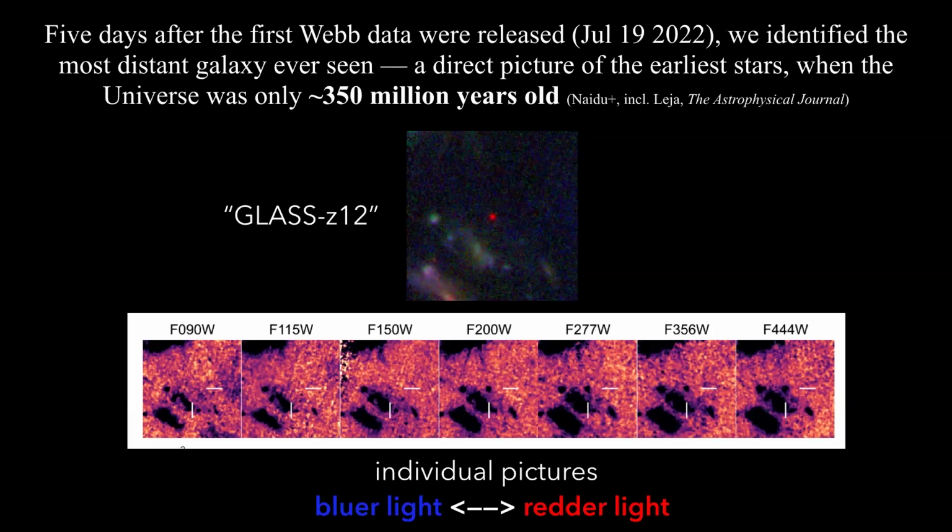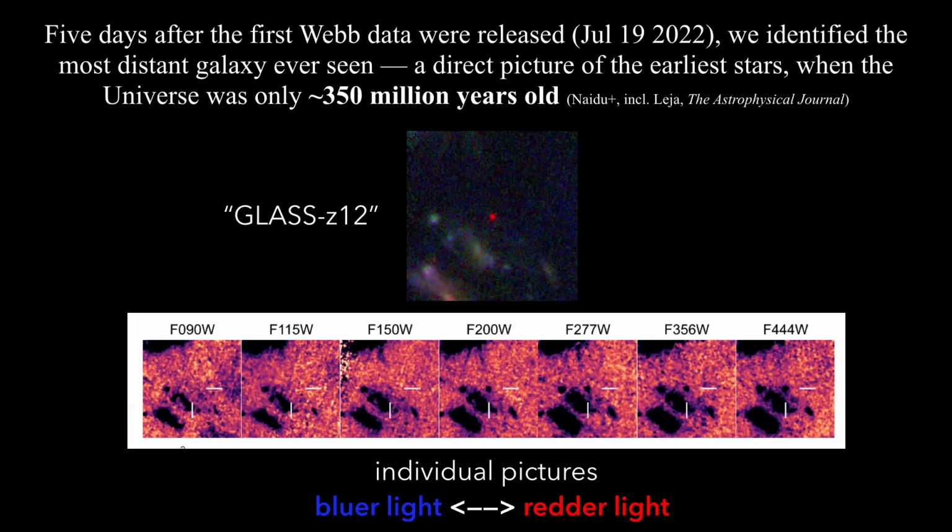Here we're a little bit bluer, here we're a little bit better. And as you go redder, you see this little dot pop up. This is a direct picture of the earliest stars, when the universe was only 350 million years old. So we already know a galaxy formed at 350 million years. The first image taken from Webb: galaxies are forming earlier than we thought.